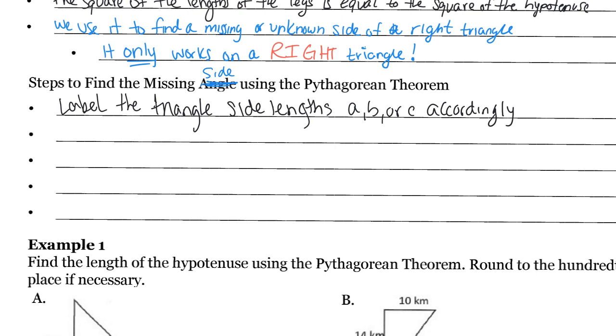Okay, and then you have to write your equation. So you have to do that. And then you can replace your variables with the known side lengths.